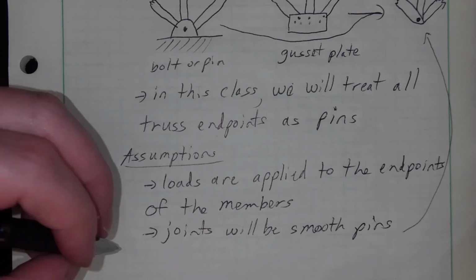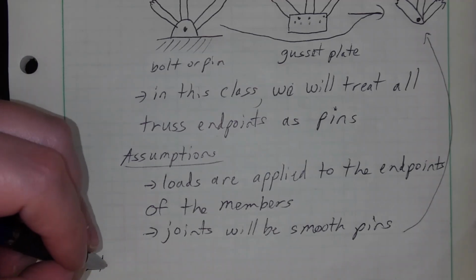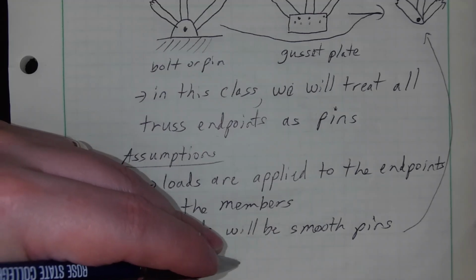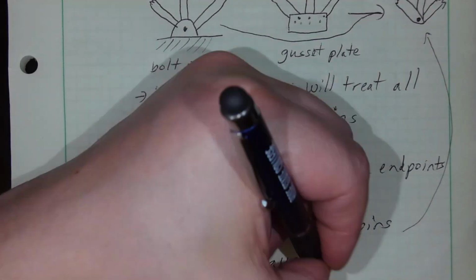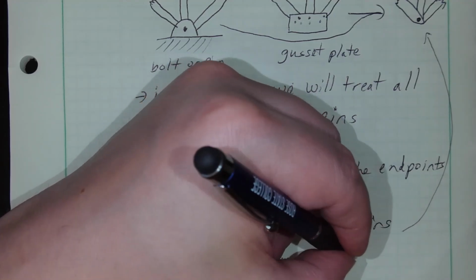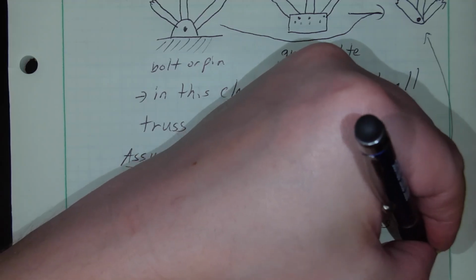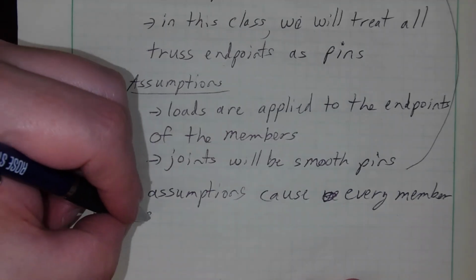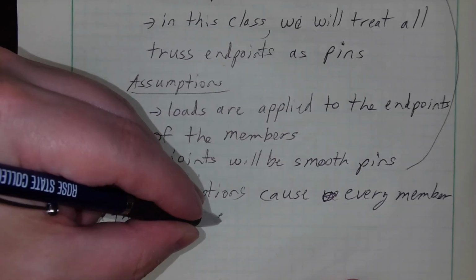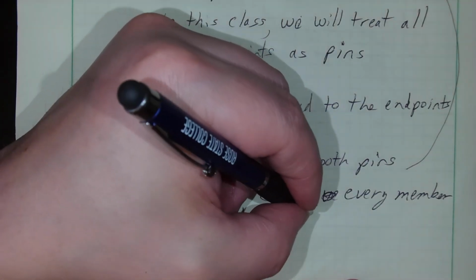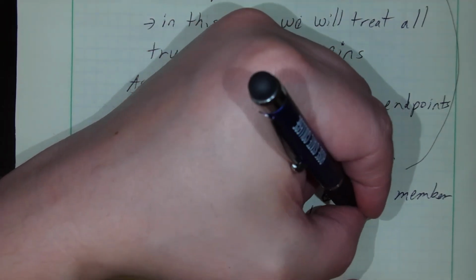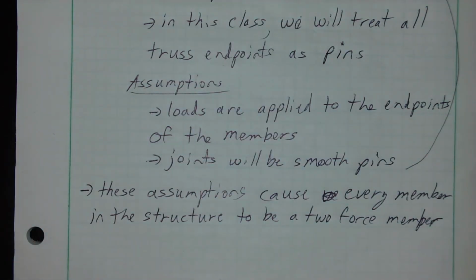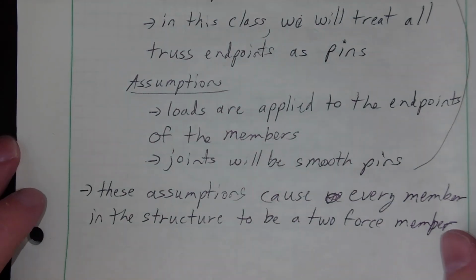And so what happens there, these assumptions cause every member in the structure to be a two-force member. All right, now there's quite a bit to unpack there. Let's unpack this just a bit.